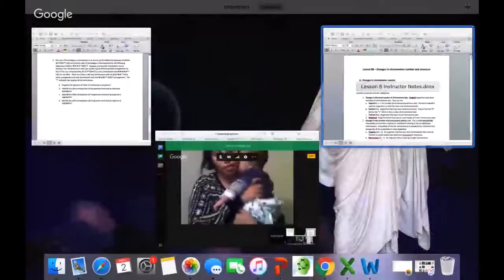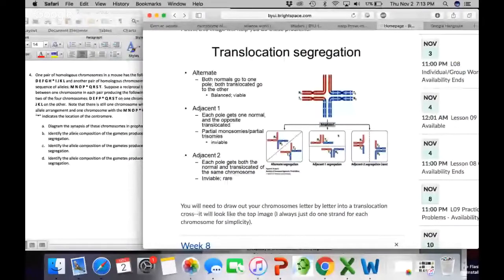Okay, there it goes. So it's this translocation segregation chart that she gave us. It was really helpful because it told you for the different types, alternate, adjacent 1, adjacent 2, which way to pull your chromosomes.